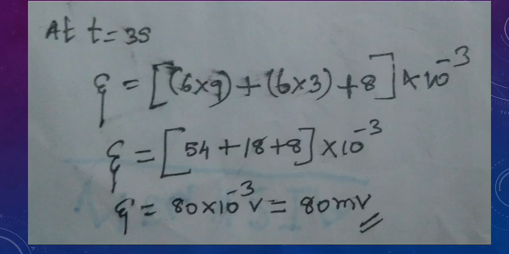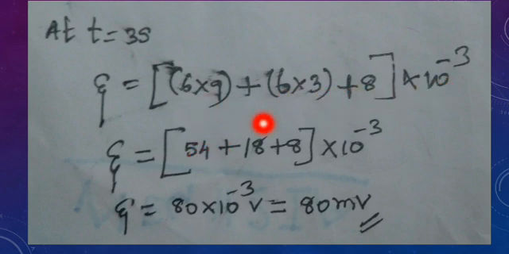At t equal to 3 seconds, I substitute the t value as 3 s. So EMF is 6 into 3 squared, which is 9, plus 6 into 3 plus 8, into 10 power minus 3.